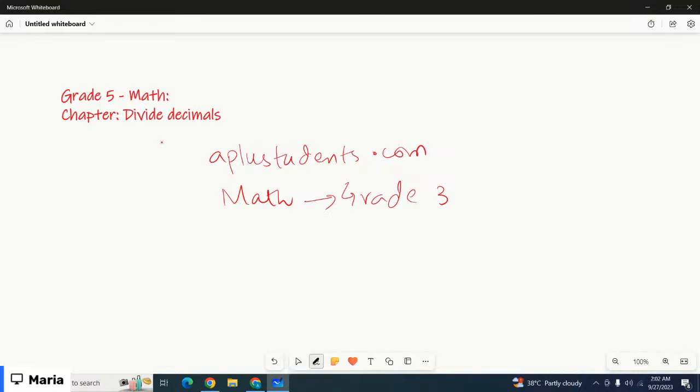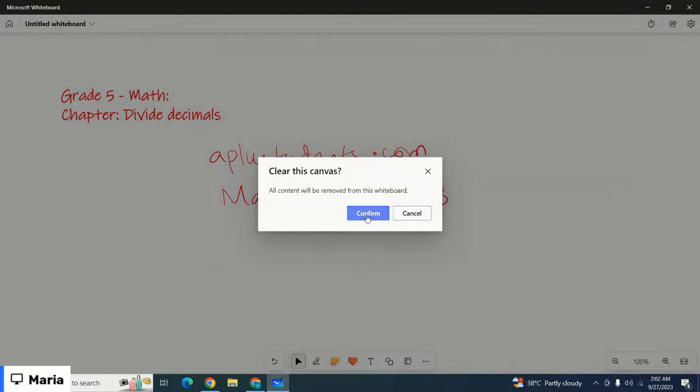Okay, so what do you know about the decimals? What are the decimals? So decimal numbers, you can note down the definition. I'm going to write the definition of the decimals on the board.